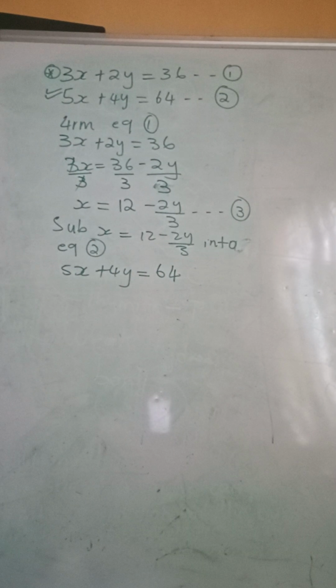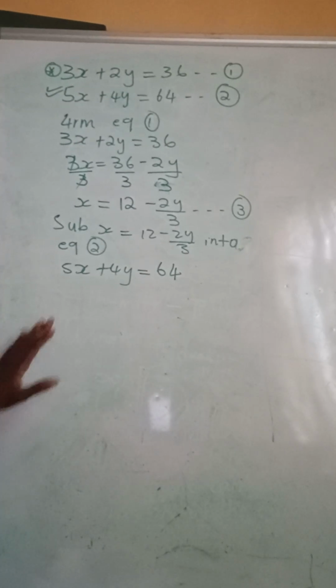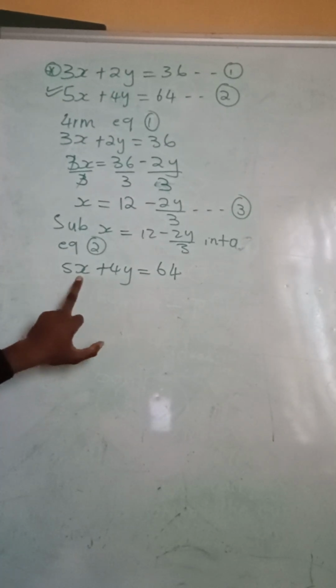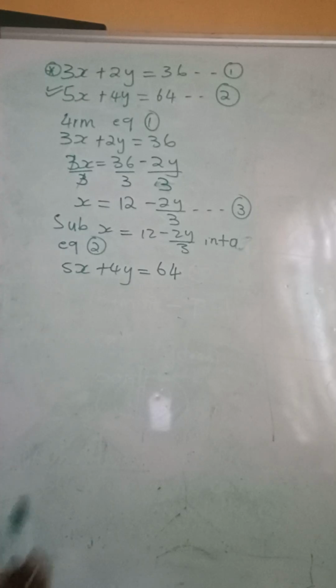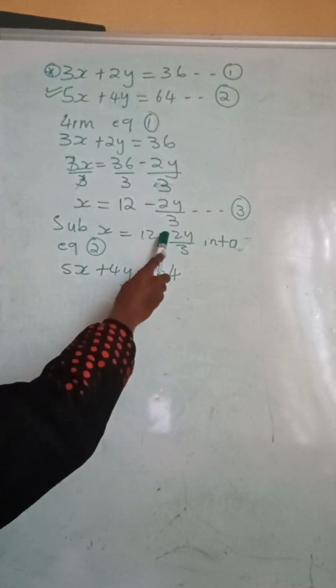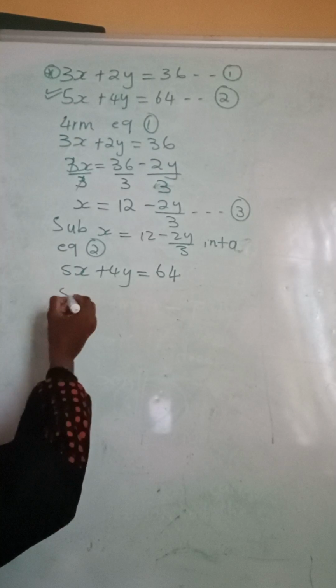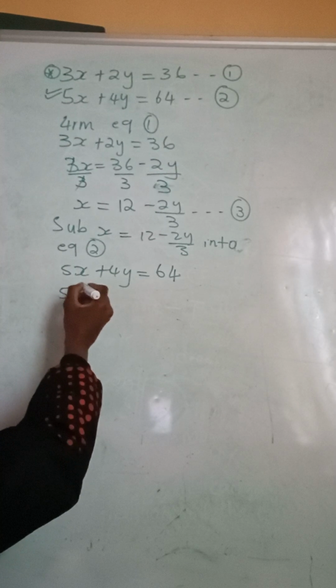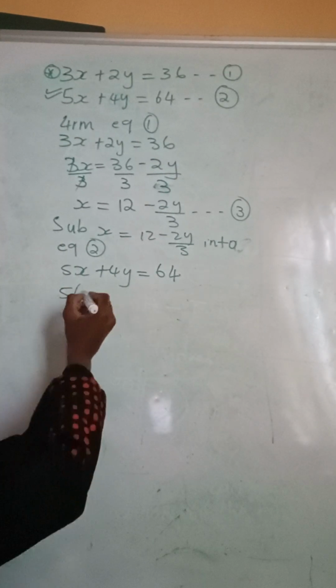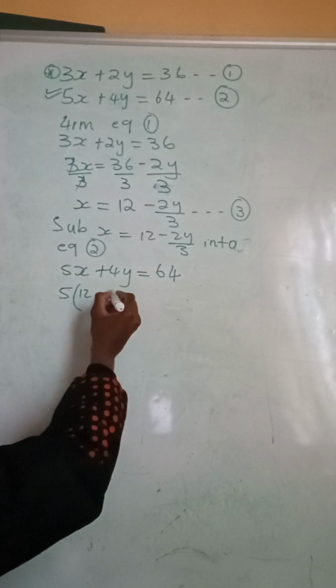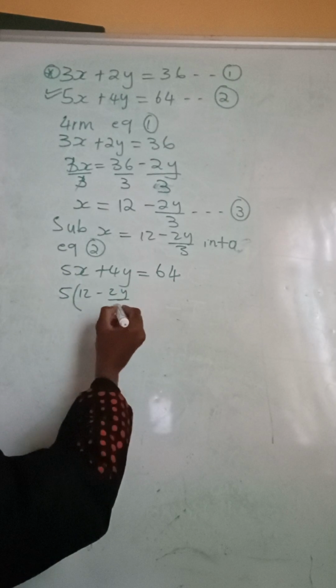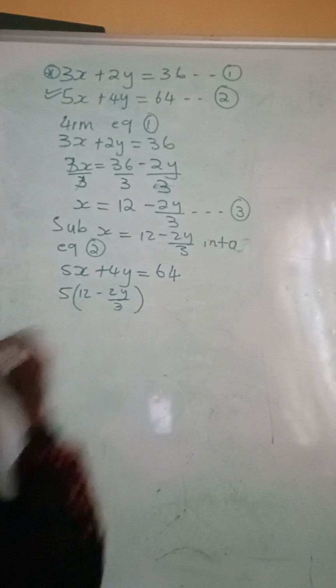So now, what does this tell us? This says to us that wherever I see x, I am going to put the value of 12 minus 2y all over 3. So I have my 5 as it is, then I open my bracket. Then I put 12 minus 2y all over 3, I close my bracket.